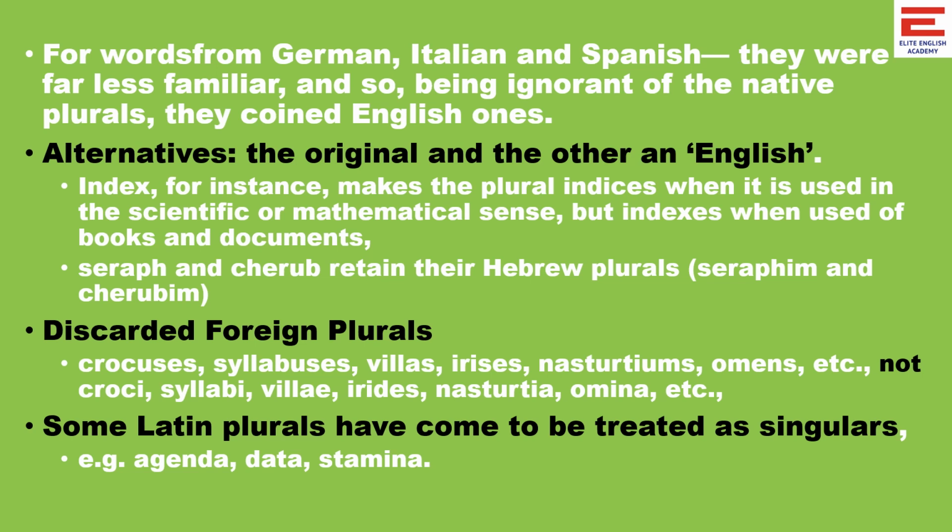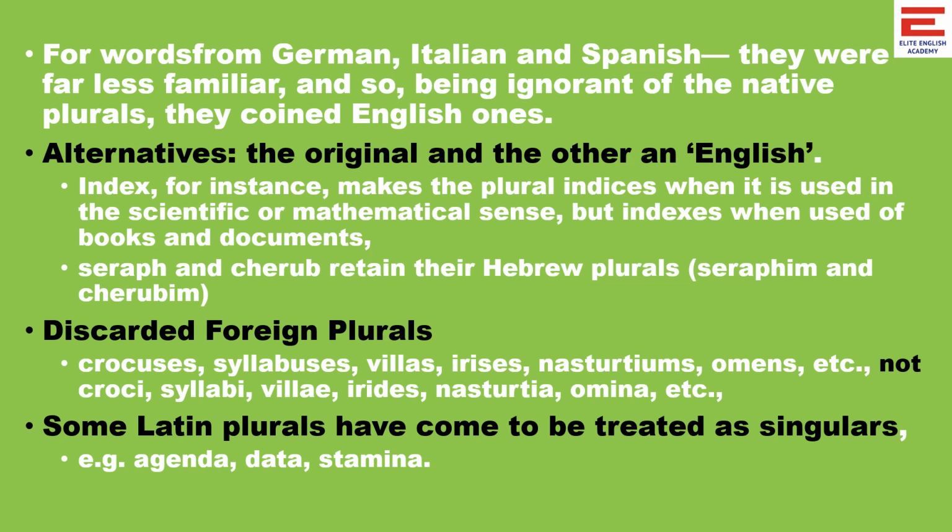Then words from German, Italian and Spanish, which are not that familiar, just take the English plural. They borrowed the original root word from the new language and they just provided the plural. So there is some process for that. Sometimes alternative plurals were given, the original and the English, both were retained.